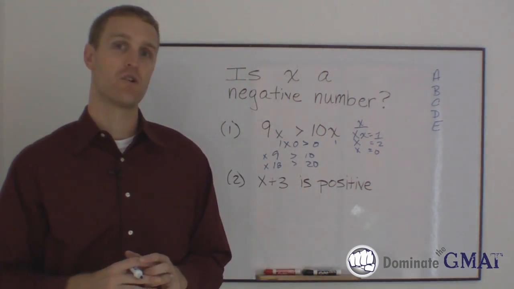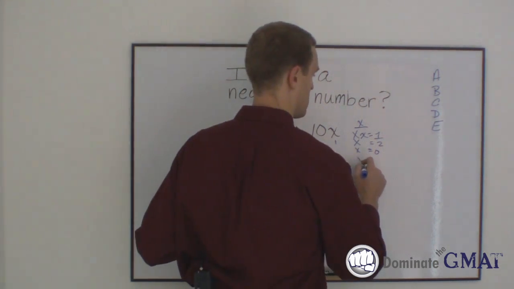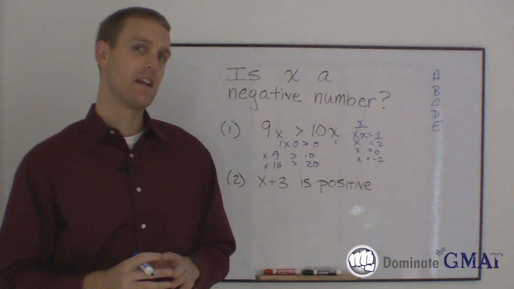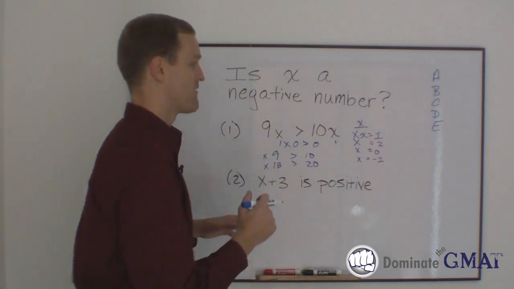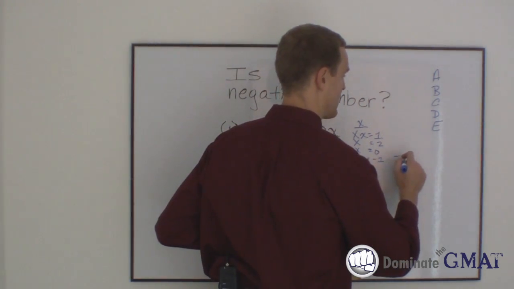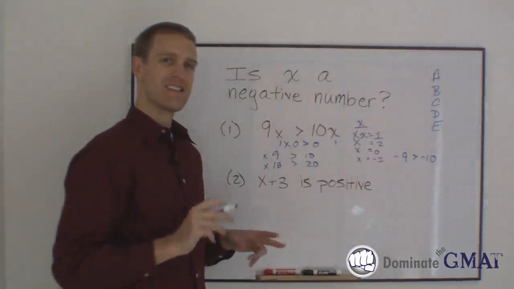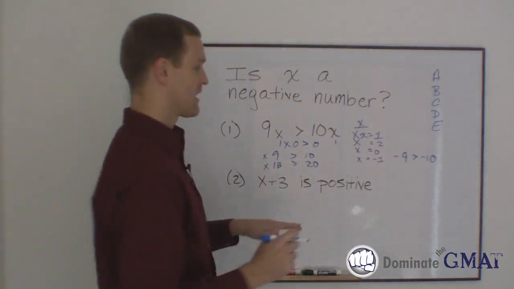What about negative numbers? Could X be negative 1? If X were negative 1, then we would have negative 9 is greater than negative 10. Is that a true statement? Think about our number line.